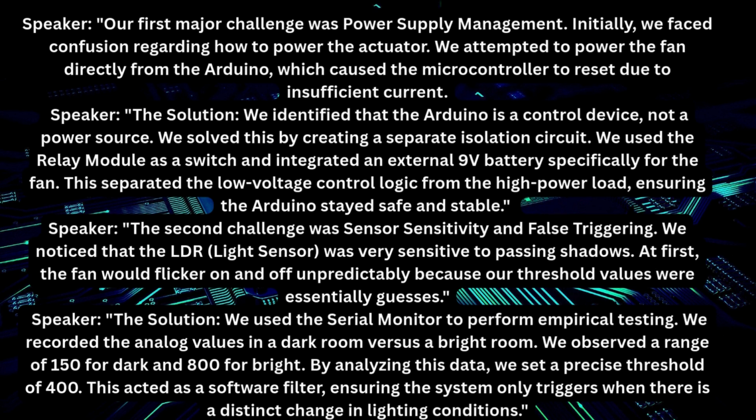We used the serial monitor to perform empirical testing. We recorded the analog values in a dark room versus a bright room. We observed a range of 150 for dark and 400 for bright.